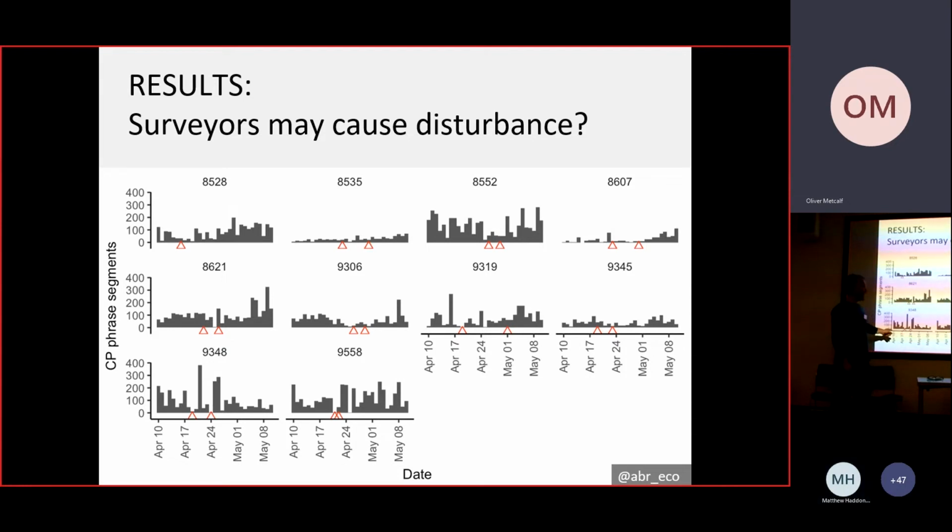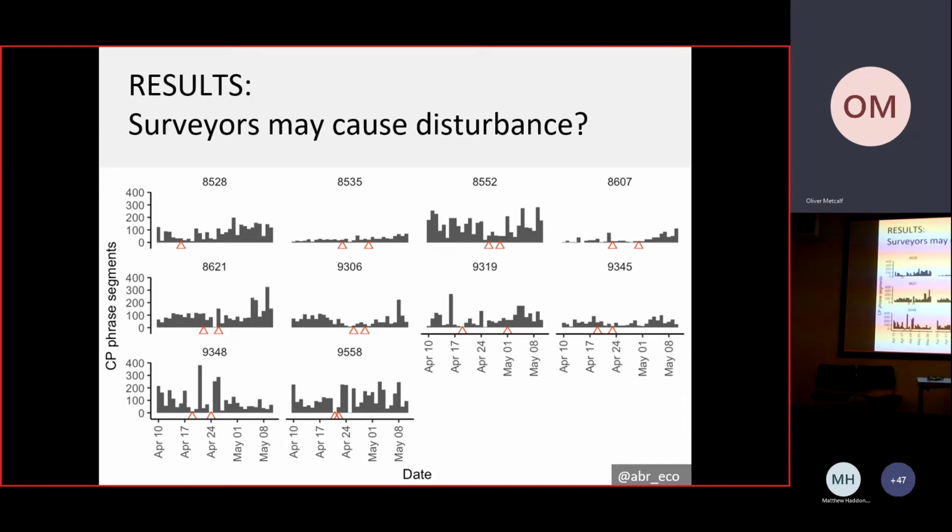At some sites, like this one I'm pointing to here, there's a fair bit of activity, but then very little, then nothing, and so on. If you graph this out, there's a significant relationship with the presence of surveyors. So it seems the birds shut up a bit or clear off, or both, whenever the surveyors turn up.